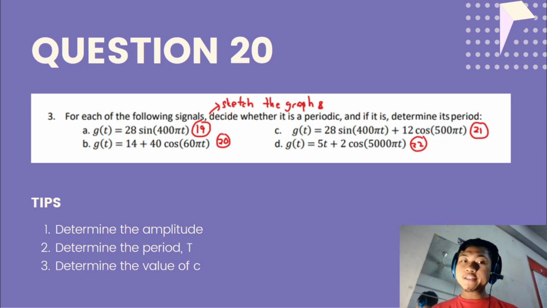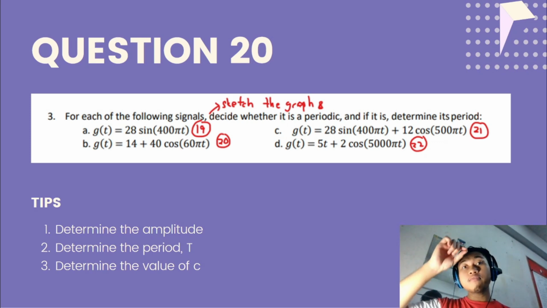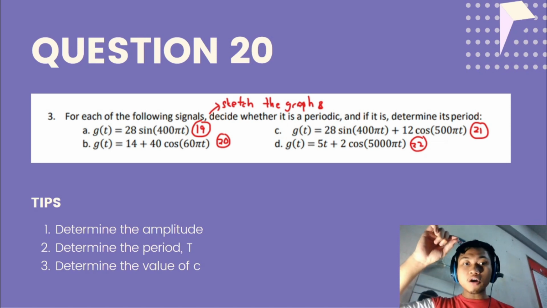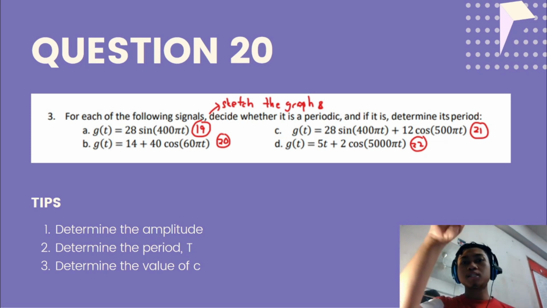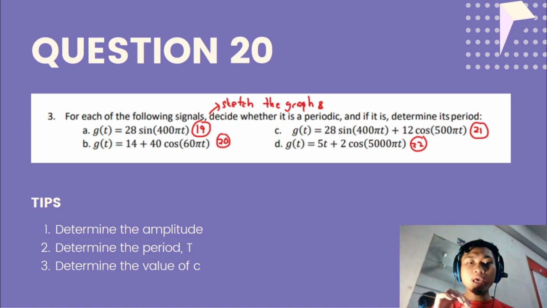In this case, the maximum value of the graph is 40 on the top. But when there is a value of C, which is 14, we need to add 40 plus 14 for the maximum on the top, and subtract 40 from 14 on the bottom, and we get negative 26. We will get to it after this.